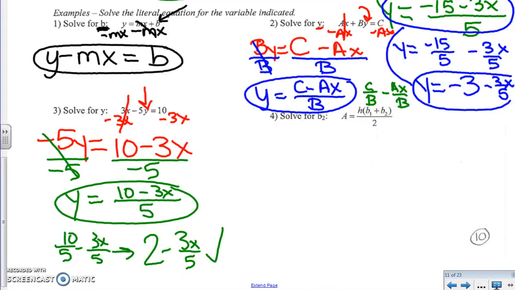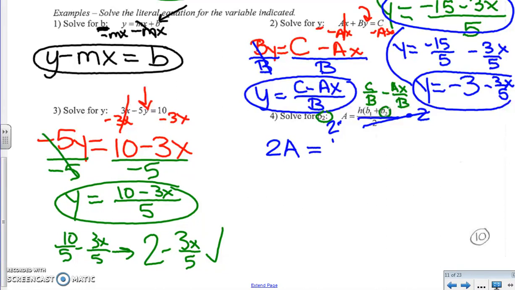In problem 4, the goal is to get b2 isolated. It's in the parentheses, but we're actually not going to distribute because that's just going to cause more value to the b2. And it's already a b2 on its own, just with things around it. It doesn't have a coefficient, so we want to leave it like that. So first, let's get rid of this division by 2 by multiplying 2 on both sides. 2 times a can just be left as 2a.